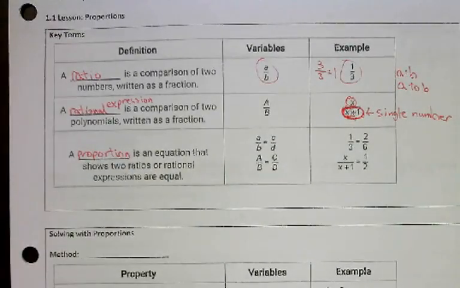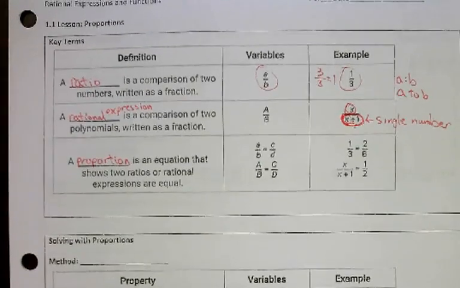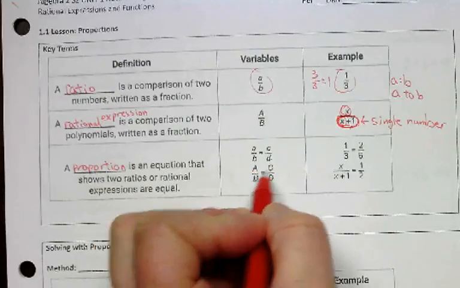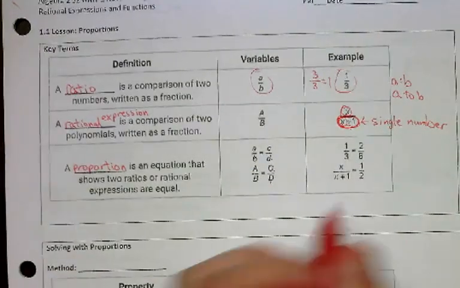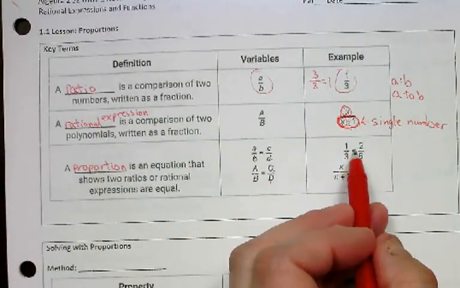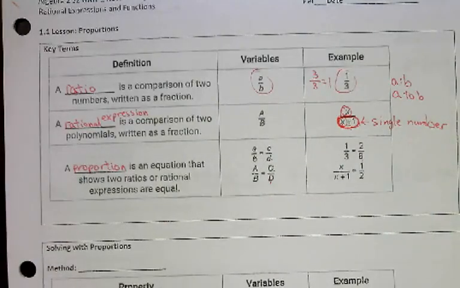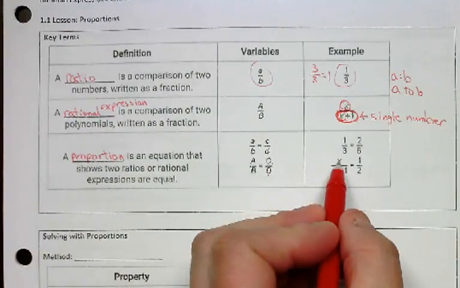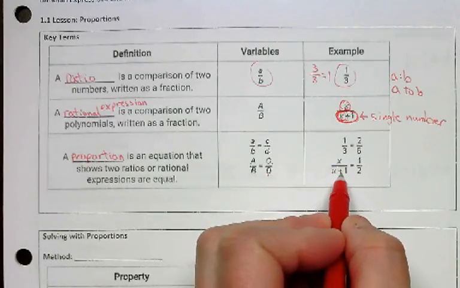So a proportion then is an equation that shows two ratios or rational expressions are equal. Here, we have two ratios that are equal, or two rational expressions that are equal. We're just saying that 1/3 is the same thing as 2/6, so it's essentially equivalent fractions. Remember, this is just a number and this is just a number.